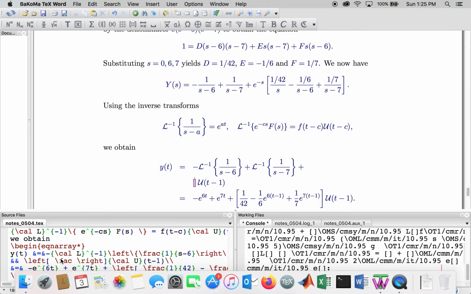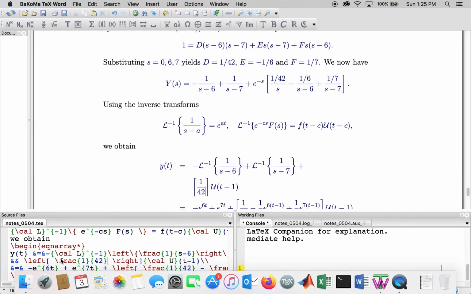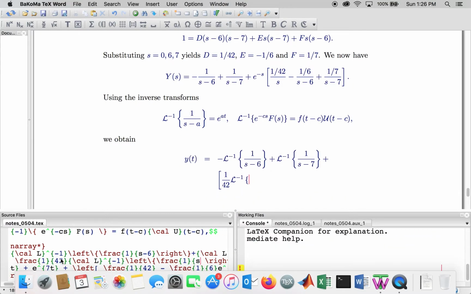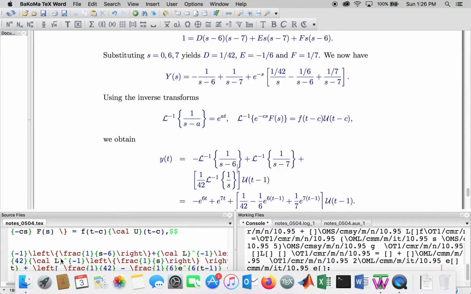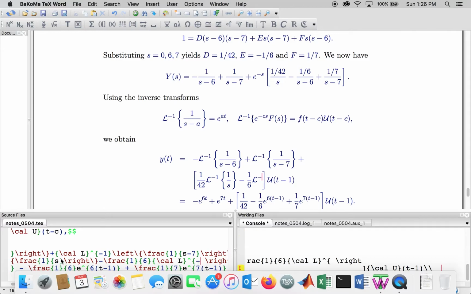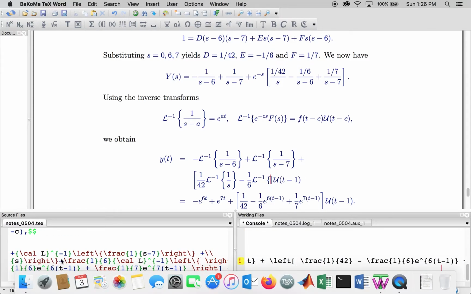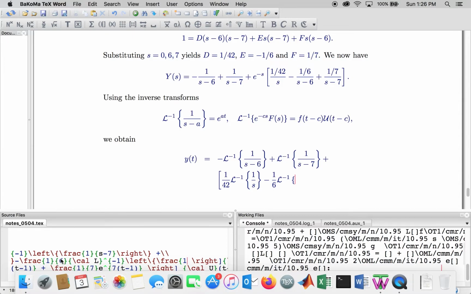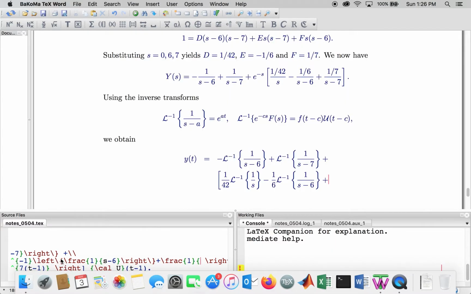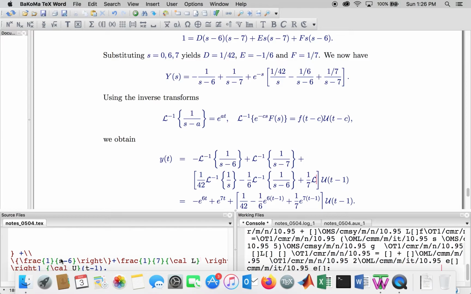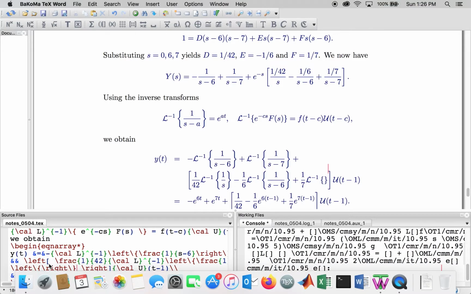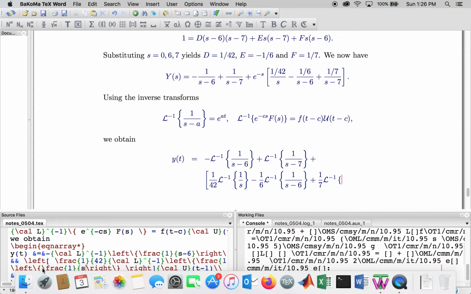So I'll have 1/42 inverse transform of 1 over s, minus 1/6 inverse transform of 1 over s minus 6, plus 1/7 inverse transform of 1 over s minus 7.